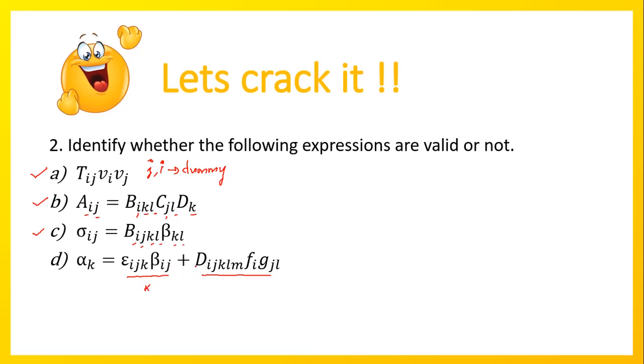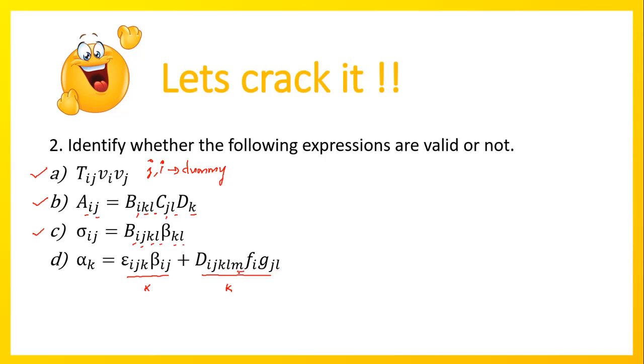Let's check the other symbol group. Here i appears twice, yes, it's a dummy index. j appears twice, it's a dummy index. k appears once, yes, it's a free index. l appears twice, it's a dummy index.